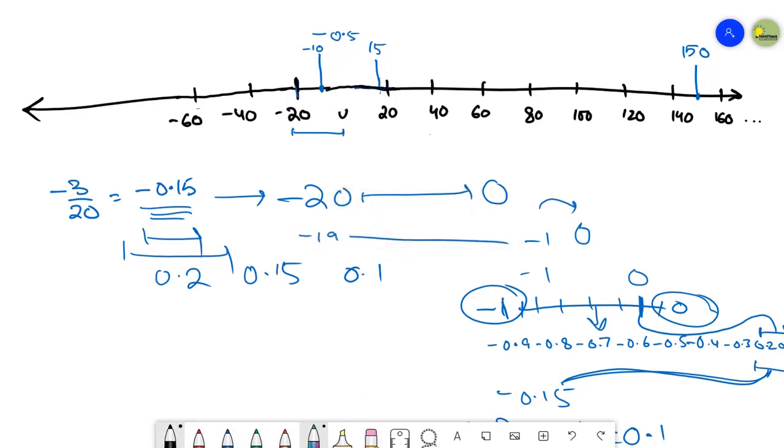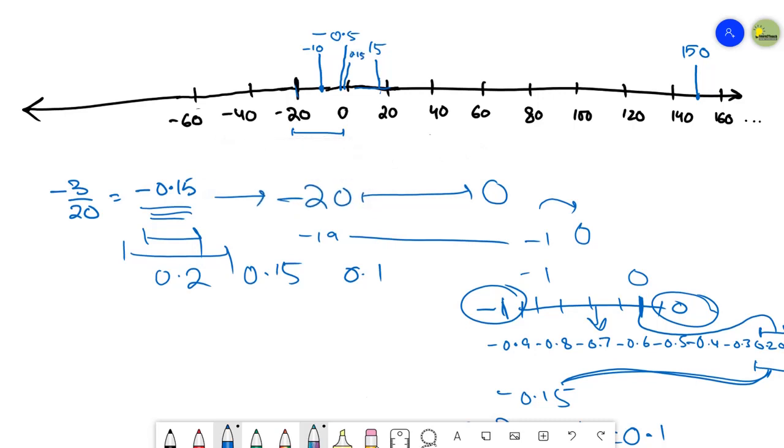Let's do it this way. I have plotted minus 0.5 over here. Let's plot minus 0.15 nearer to 0, like this, minus 0.15.